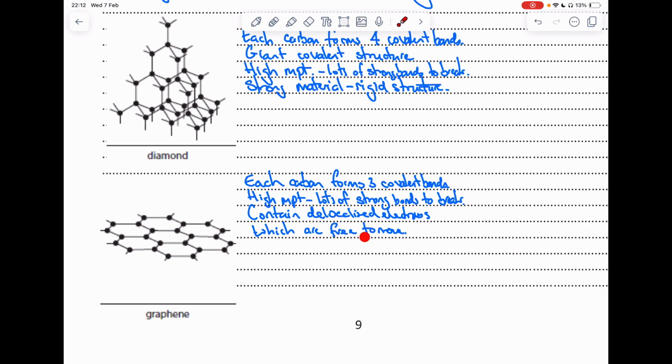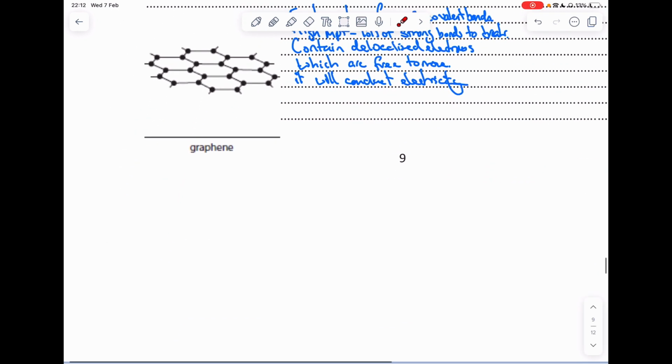That means these delocalized electrons are free to move, and that means, not written on there, but we'll put it in there, it will conduct electricity. Okay. The other thing we've mentioned here is that it has a high melting point because it contains lots of strong covalent bonds which require a lot of energy to break.